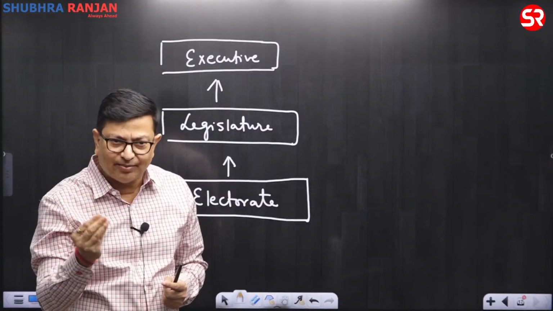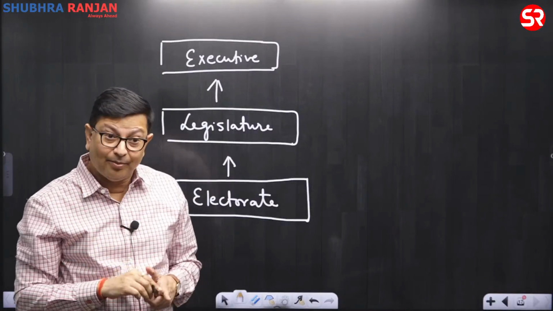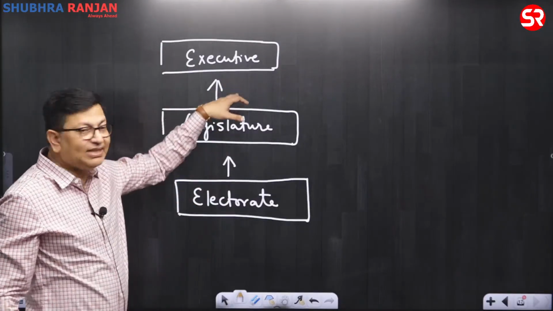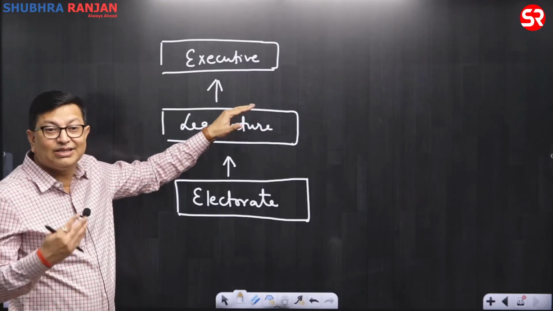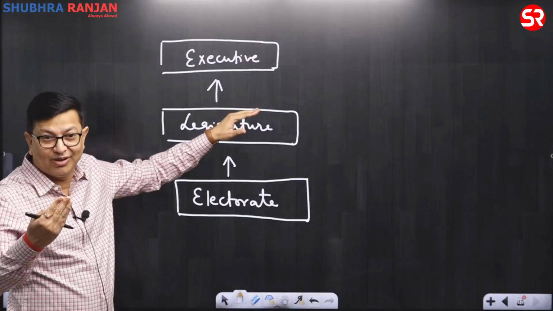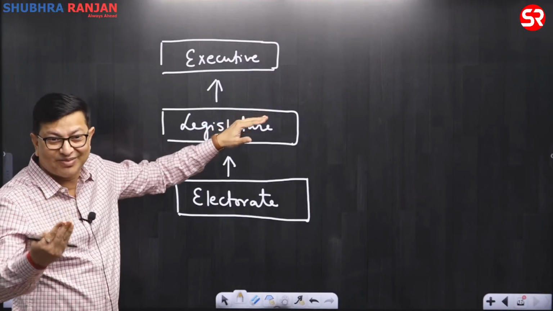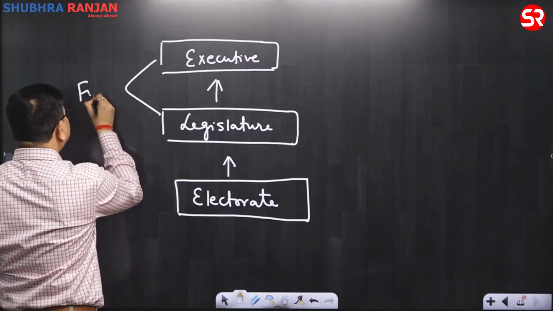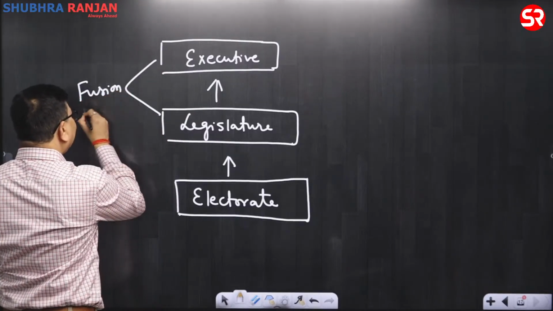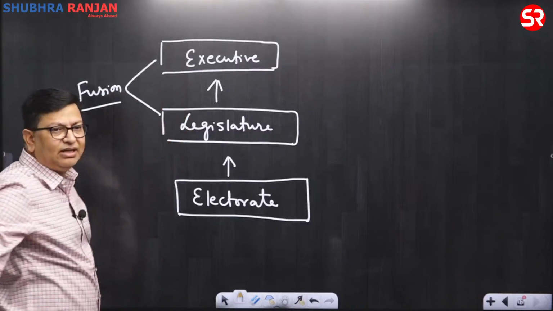They can criticize the policies of the government, not a big deal. But basically, when we say responsibility, accountability, it means who can remove them for the failure of their policies. So here it is a fusion of the executive and the legislature.